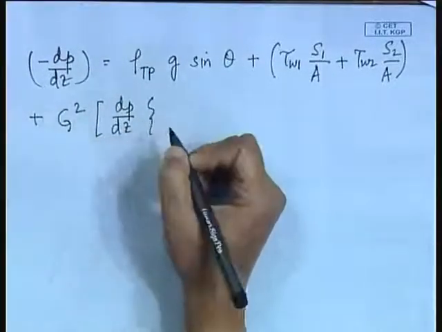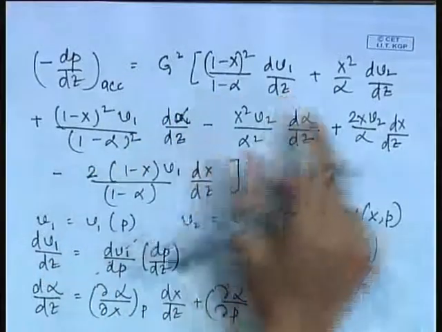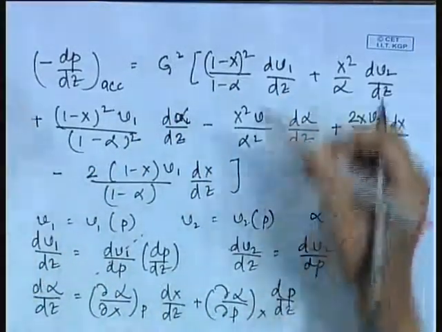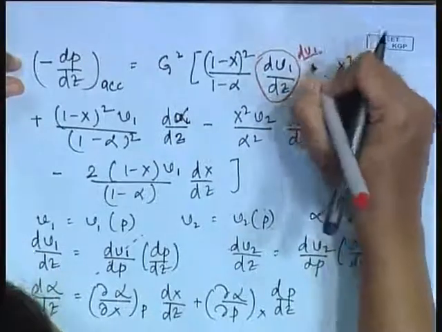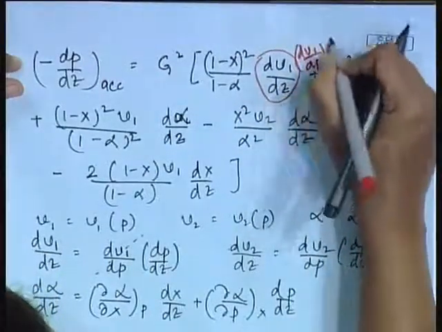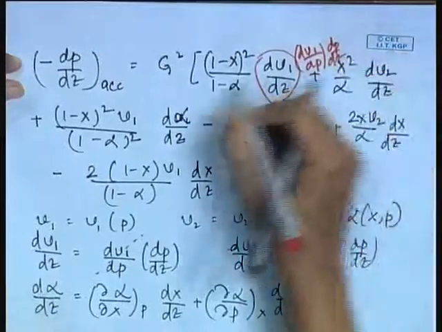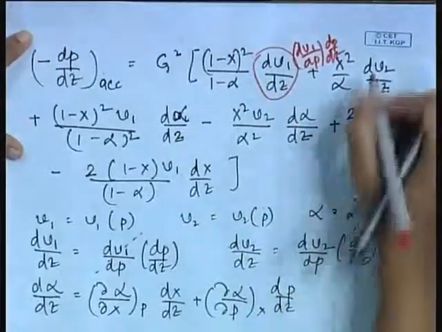Once we substitute this, we find that there is a g square, and here instead of dv1 dz, we can write dv1 dp into dp dz. So, this becomes a dp dz term.